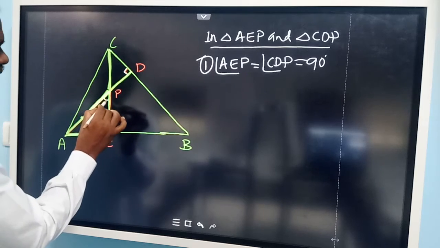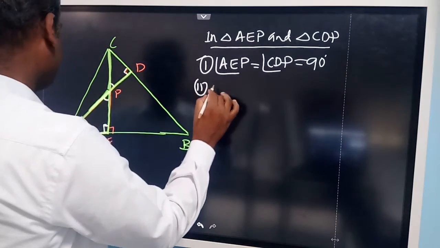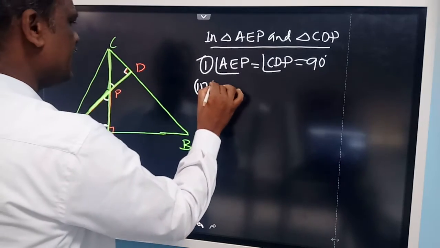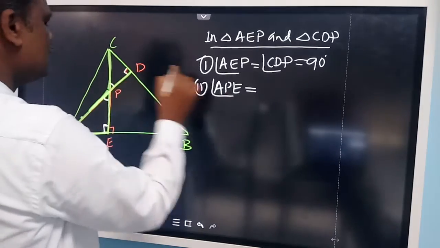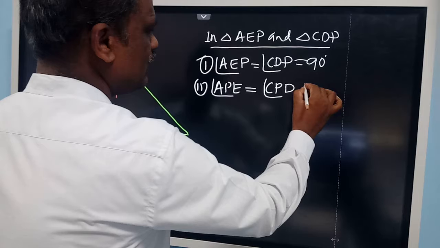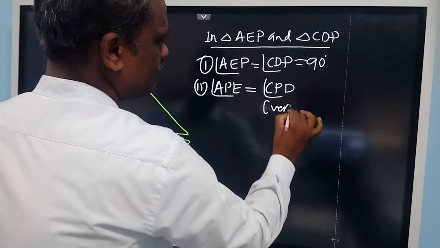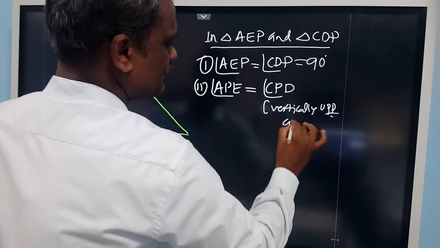Then come to this. These two are vertically opposite angles. Second pair: angle APE is equal to angle CPD. The reason is vertically opposite angles.